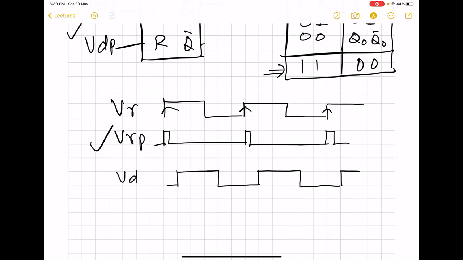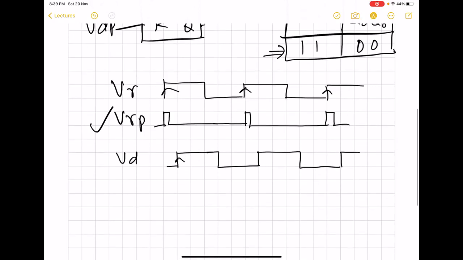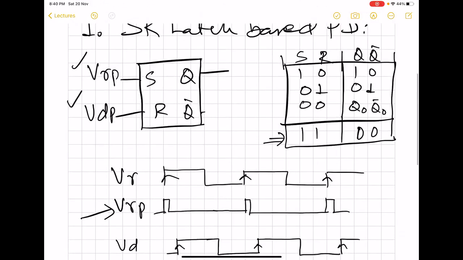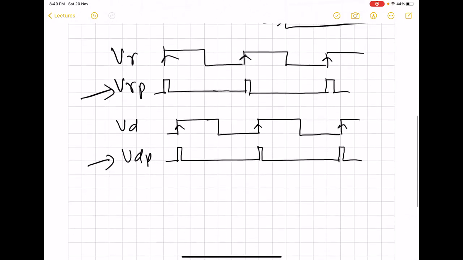So this is VD, and as was pointed out, we will be actually extracting a pulse and then feeding this pulse to the SR latch here. So we will be actually feeding this and this to the SR latch. Now let us see what will be the output if we have this scenario.